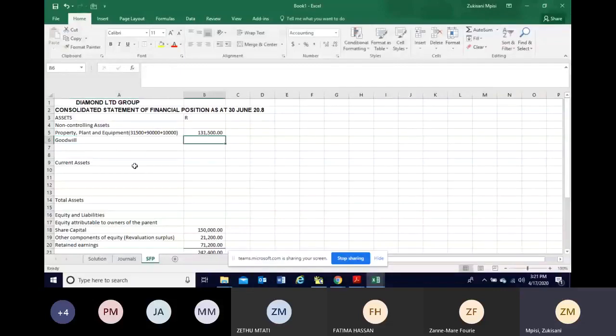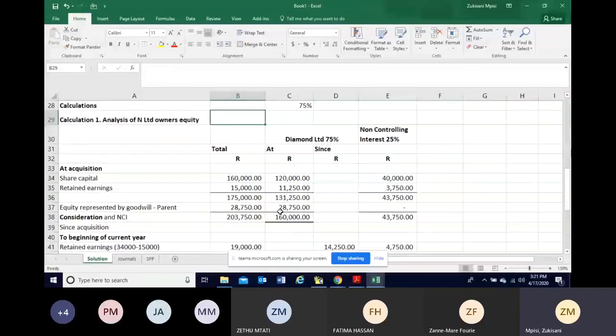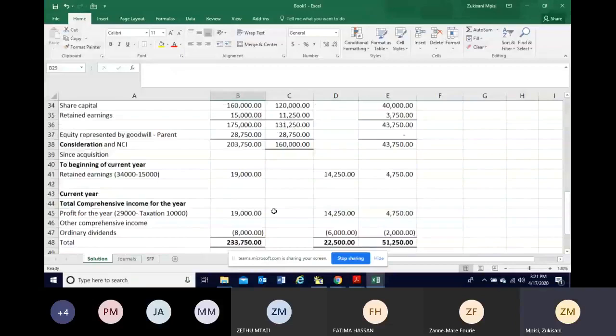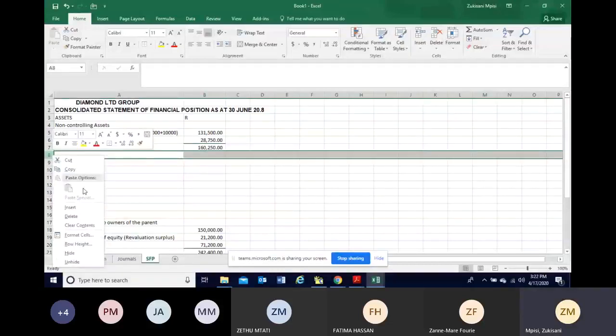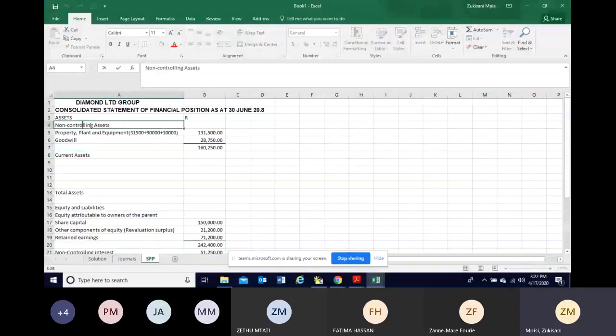Goodwill of a parent, statement of analysis. Goodwill 28,750. And then we have our total non-current assets. Sorry, this is not non-controlling, non-current. Non-current assets. Then we've got current assets.